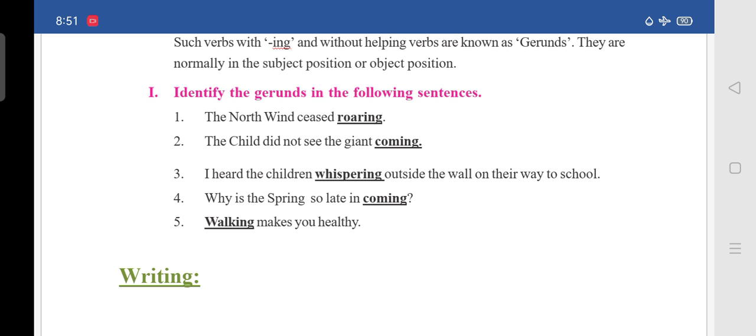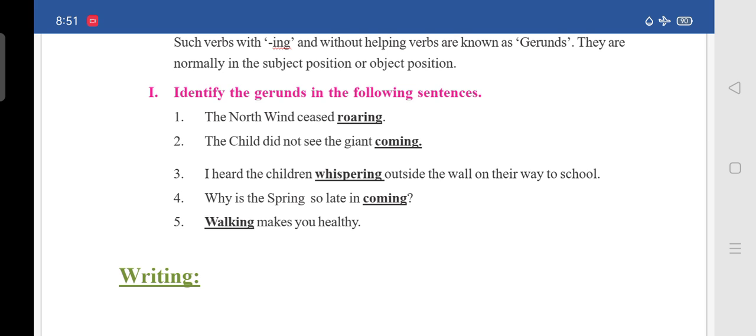So you underline roaring. Second, the child did not see the giant coming. So what is the gerund here? Coming. Second one is coming. You underline coming.